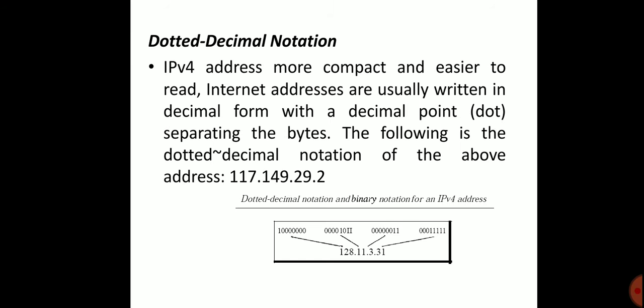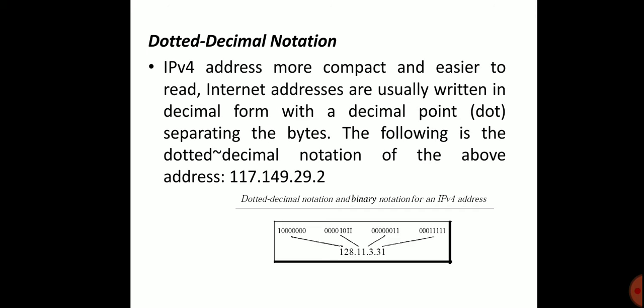And then what is the dotted decimal notation? It makes the IPv4 address more compact and easier to read. Internet addresses are usually written in decimal form with a decimal point, a dot separating the bytes. The following is the dotted decimal notation of the above address: 117.149.29.2.